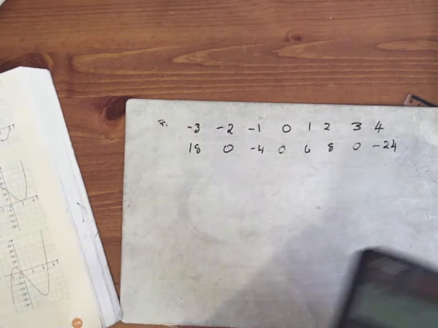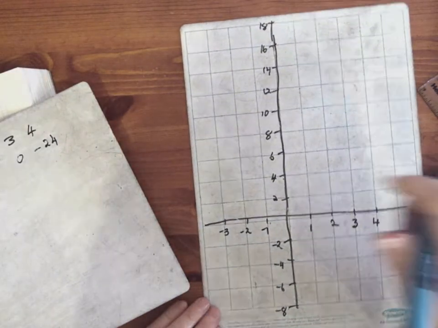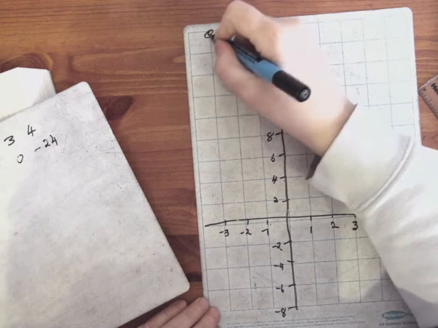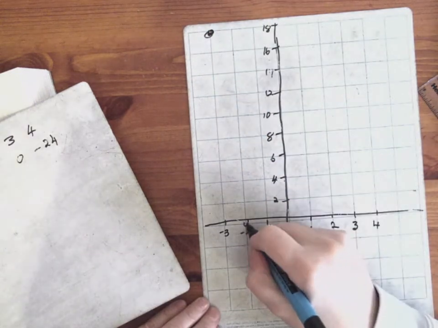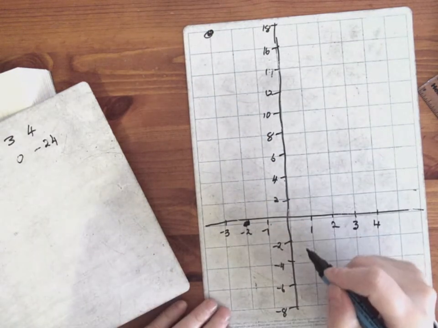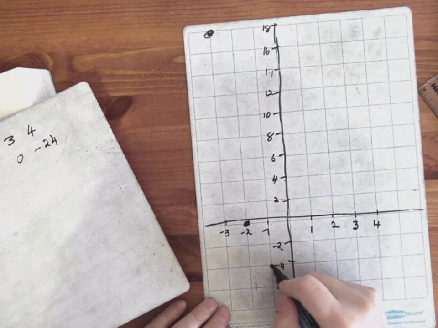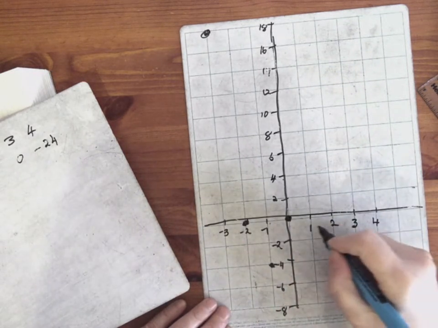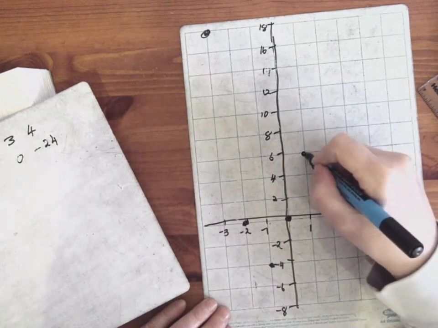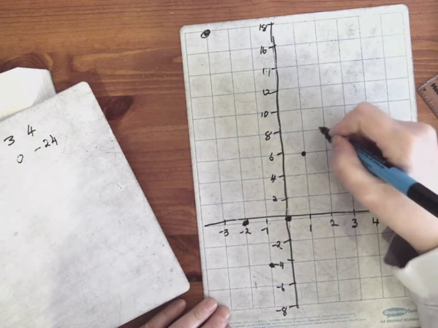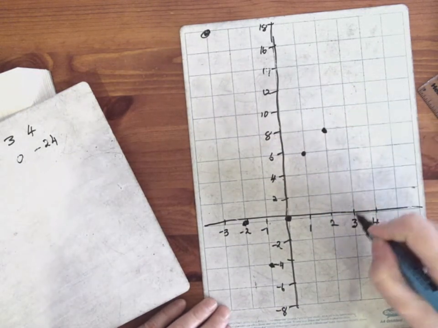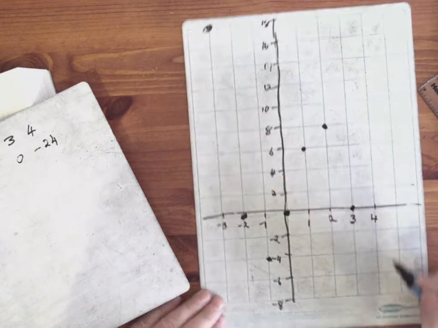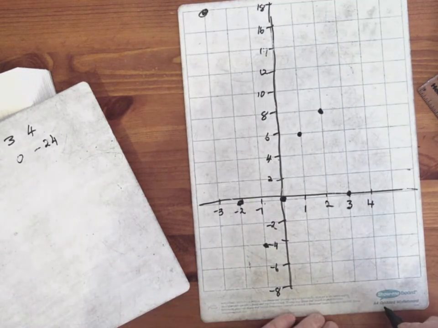So off you go to your graph and you graph that. The first point was -3, 18, which is up here. The next one was -2, 0, which is on the x-axis. -1, -4 is down to here. 0, 0 is here. 1, 6 is here. 2, 8 is here. 3, 0, and 4, -24 is way off down here.